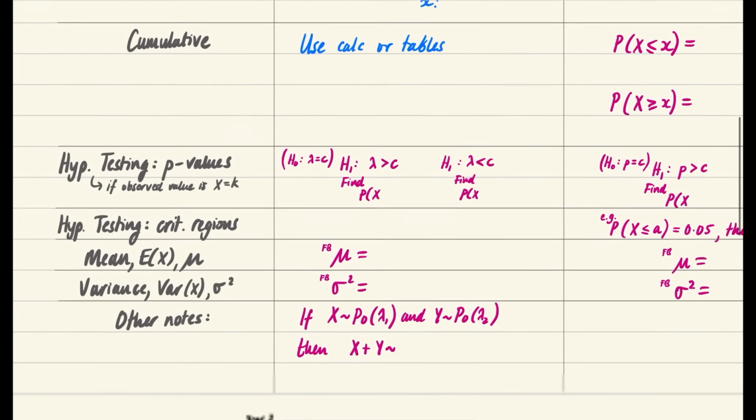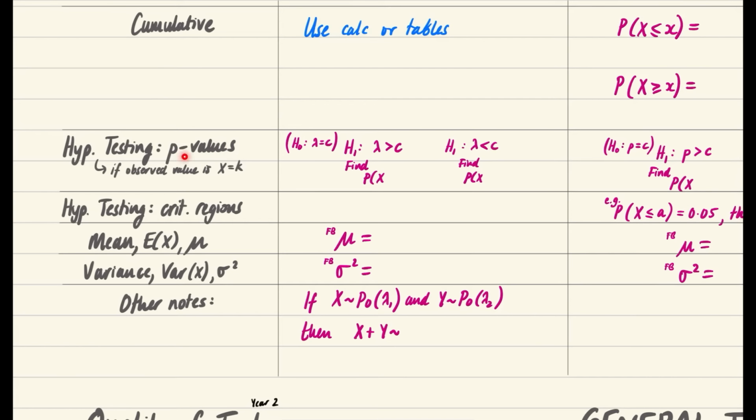Now, moving on to some hypothesis testing, we're talking about p-values here. P-values are where you're finding the probability of a particular thing occurring. So it's saying here, if the observed value x is equal to k, the p-value is the result of that probability that we'll be investigating. The null hypothesis is that lambda is some constant. Let's say the alternative hypothesis was that lambda was greater than that constant.